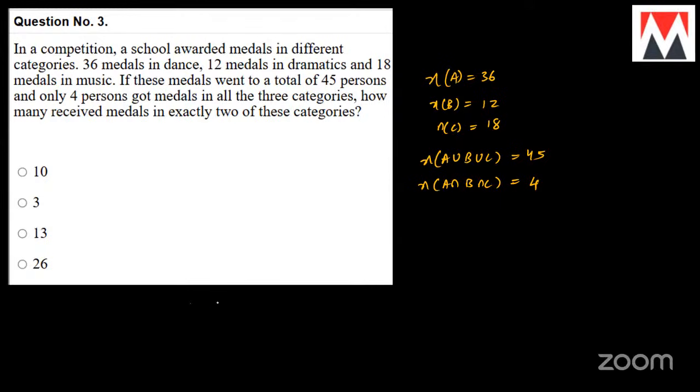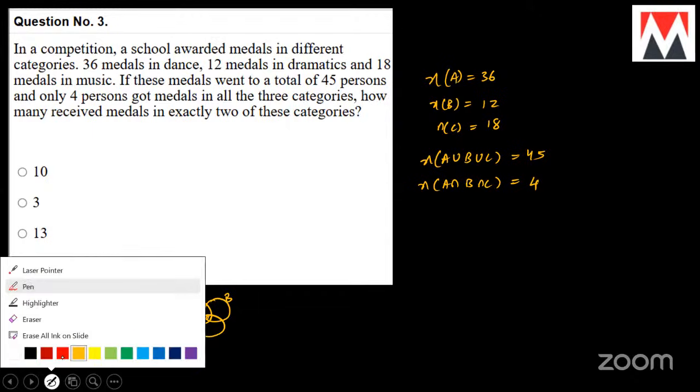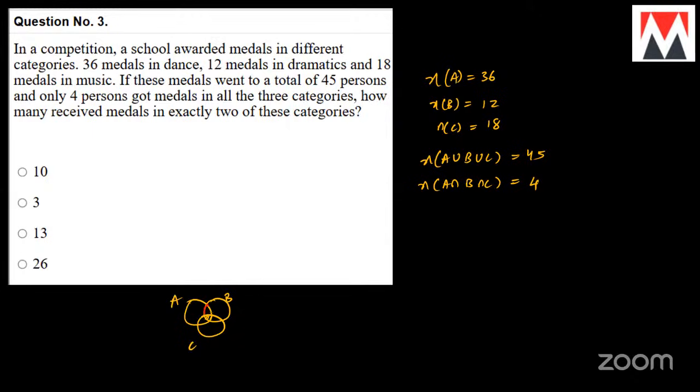So your partition will be like this. Suppose you take these 3 sets, A, B, C, this is a part of the intersection of this one. He is asking for these parts. You will have this part and this part. So these red shaded areas are the ones they are asking about.